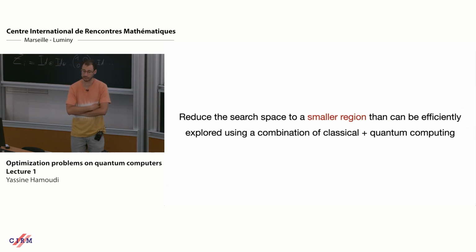The main idea of variational algorithms is to reduce the search space for the ground state to a smaller region which can efficiently be explored by combining classical and quantum algorithms. So it's going to be a hybrid method. We'll not try to find the optimum over the entire search space, but only a small region of the search space.